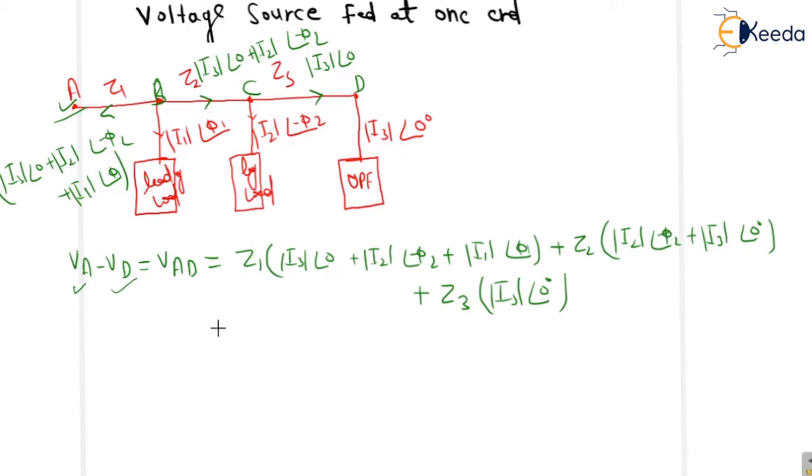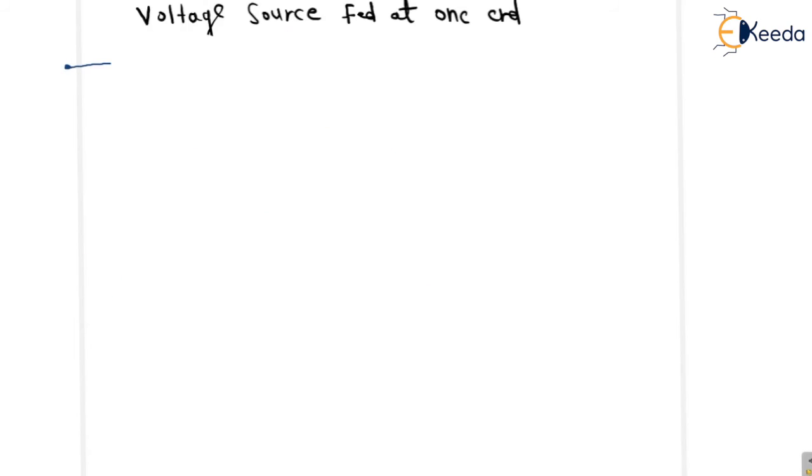Now I am going to discuss one question that was asked on voltage source fed at one end. This is point A, this is point B, and this is point C. This question has been asked in the GATE examination. This is load number 1, and this is load number 2.